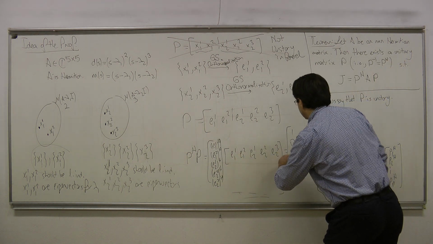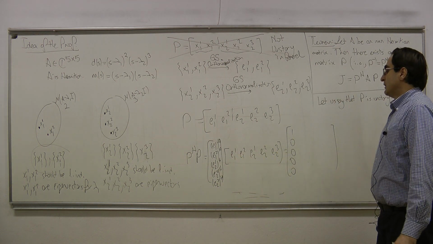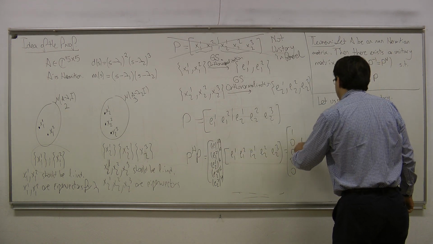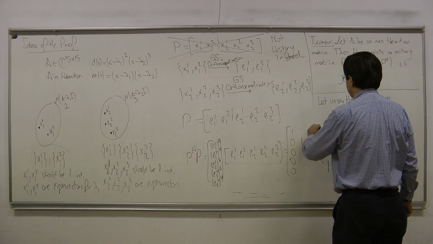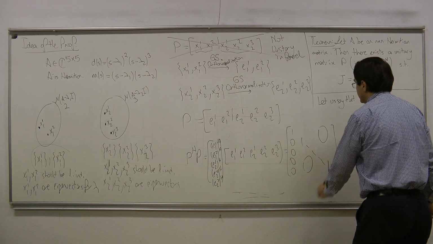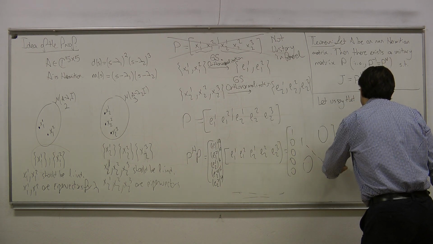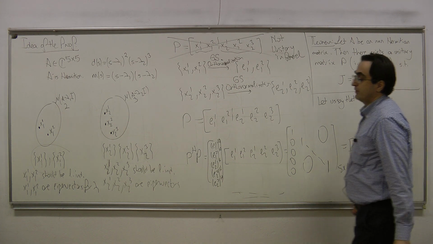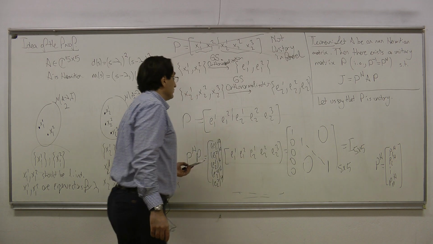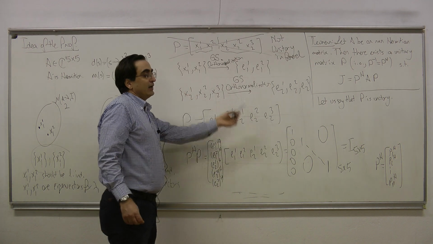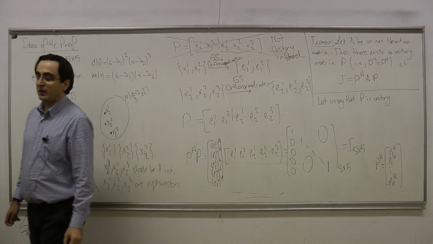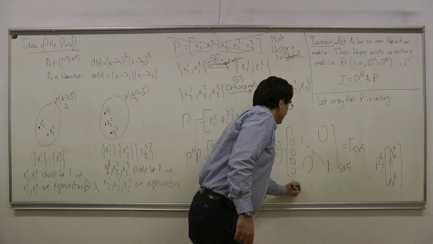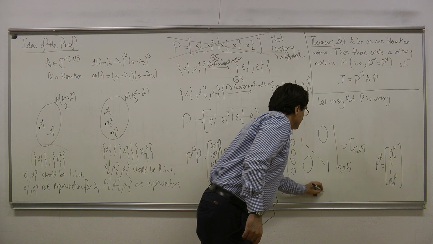And similarly, the other inner products would be 0. If you fill in then this matrix, you would see that this is going to be an identity matrix with 1s on the main diagonal and 0s everywhere else. So this is identity 5 by 5. So you see that this shows that this new P that I have found is going to be a unitary matrix. Okay? So P is unitary.